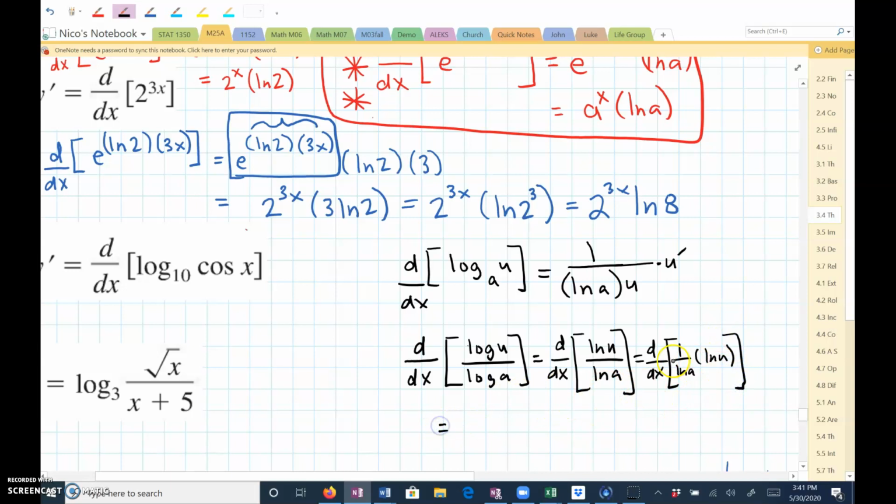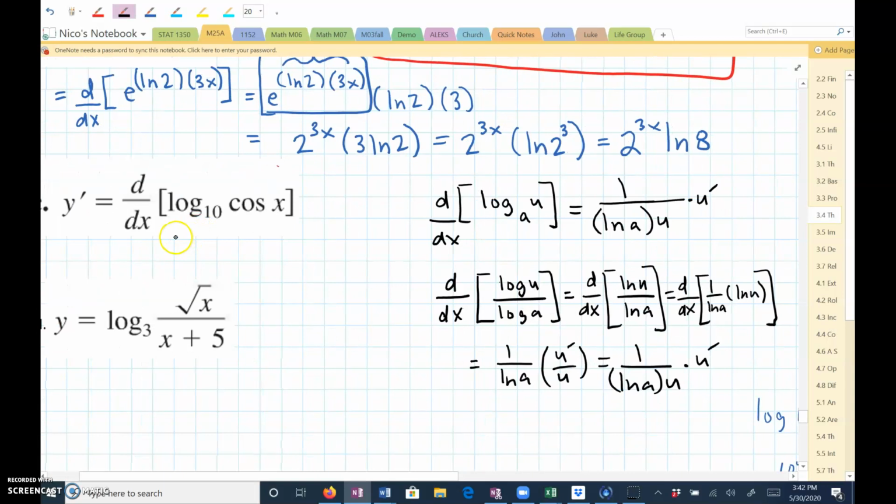And then when I take the actual derivative, it's going to be 1 over the natural log of a times u prime over u, which is the same thing as this down here. So this is 1 over the natural log of a times u, times u prime.